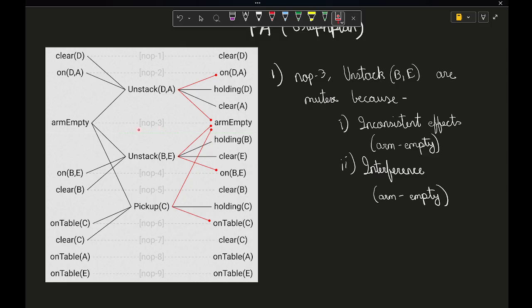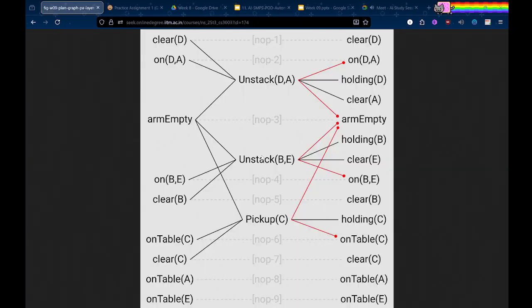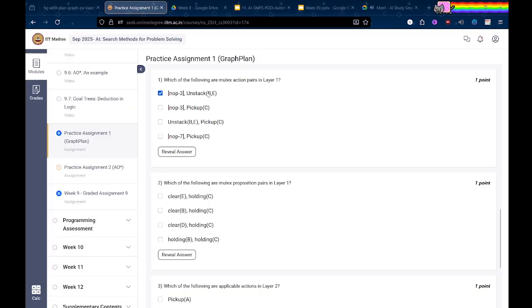So based upon that, NoOp3 and unstack BE are not mutex through this condition, because arm empty is not a negative effect of NoOp3. It is not being consumed by that. Arm empty is being consumed by unstack BE, but not by NoOp3. So only based upon these two conditions it is mutex.